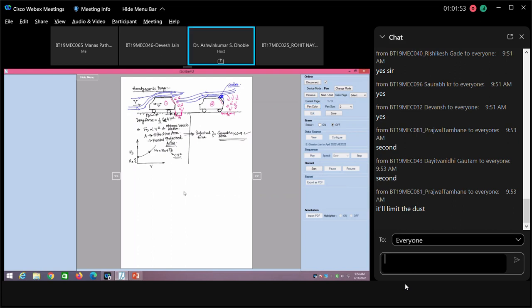As a result, what is going to happen? The dust which was lying on the road will be lifted upwards, but at a larger distance. This D2 will be more compared to D1. As a result, the backside of the vehicle will not be as dirty as you would find in the first vehicle.